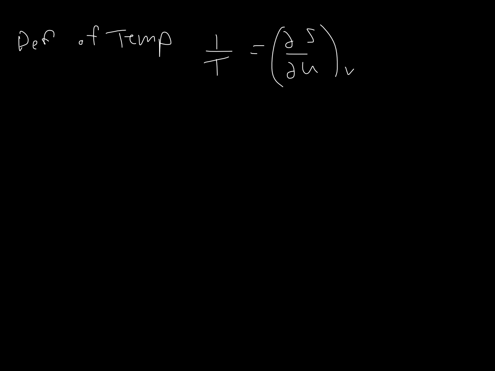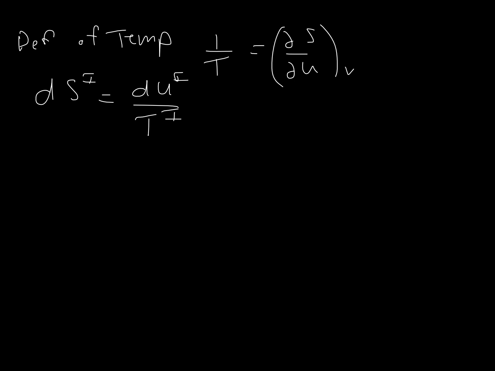So then we can use this expression to write that dS of the system is equal to dU of the system divided by the temperature of the system.